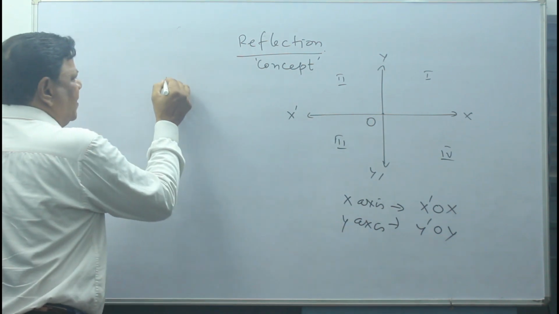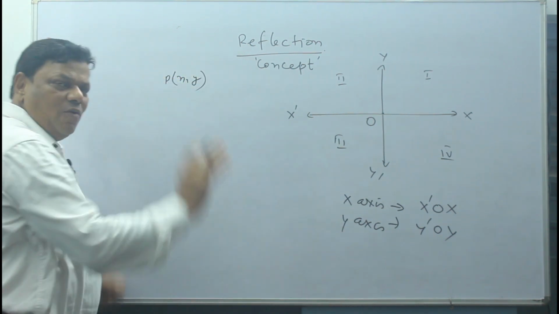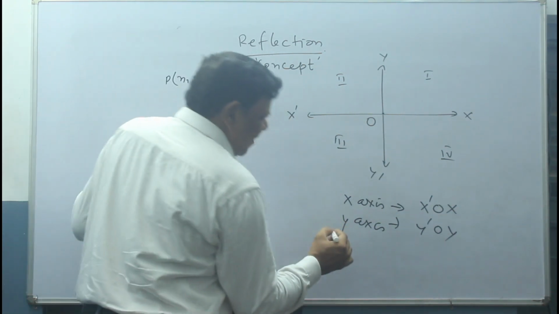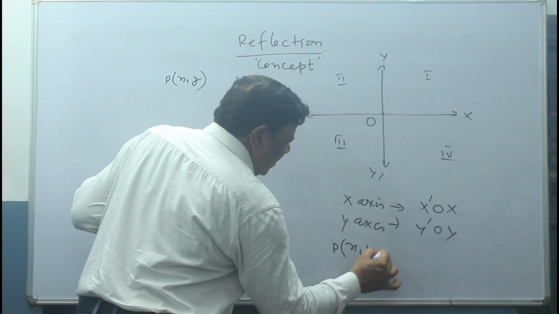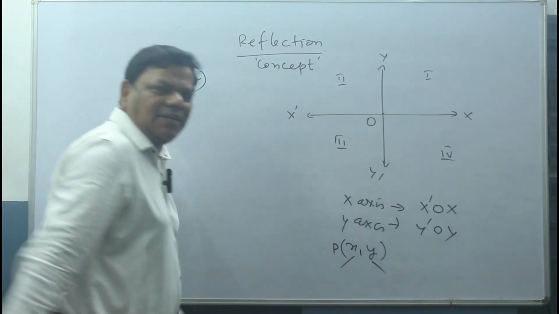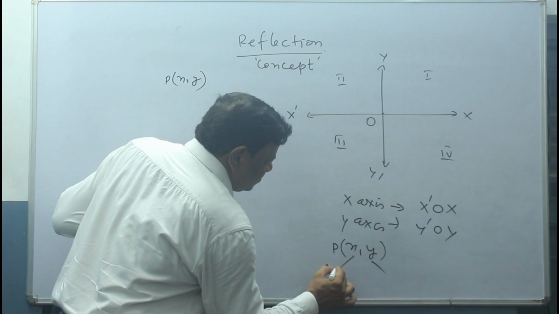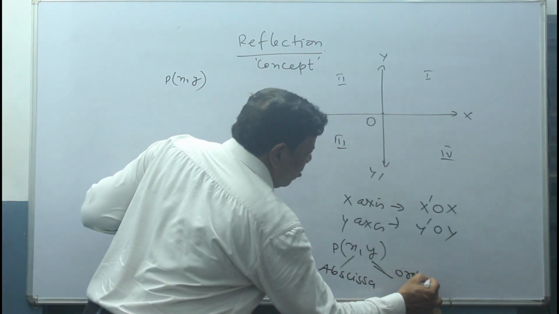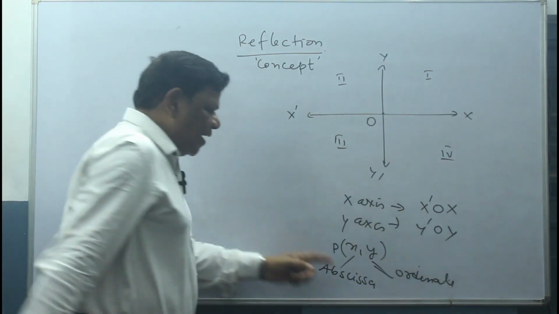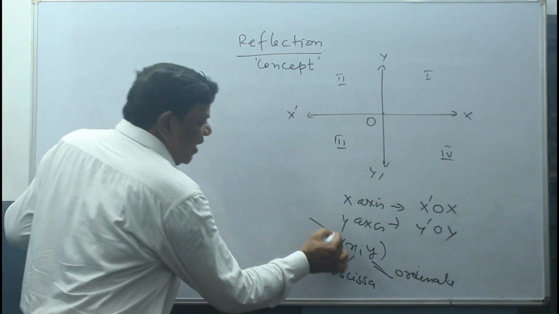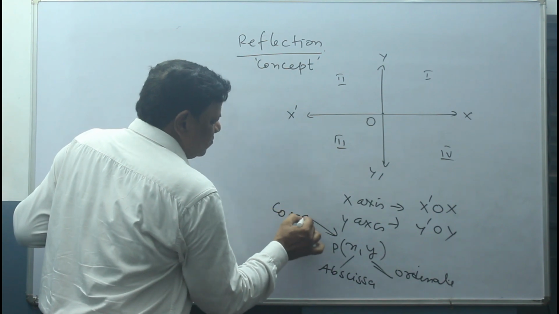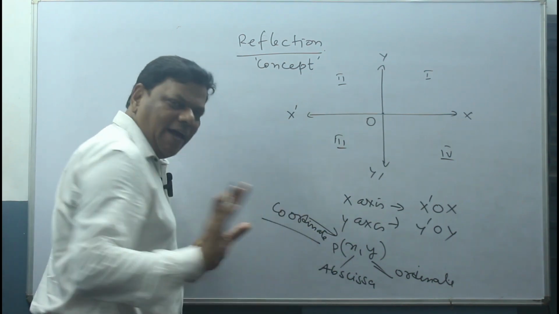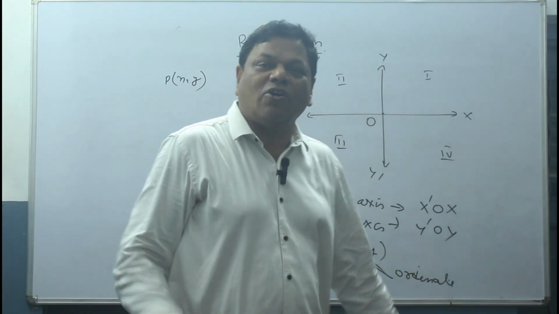Let one point be P(x, y). You already know this from previous knowledge. Again, I am saying, if I say P(x, y), what is x and what is y? X is called abscissa, and y is called ordinate.